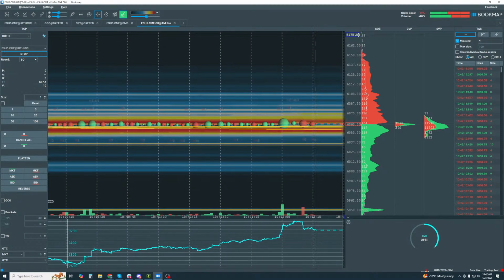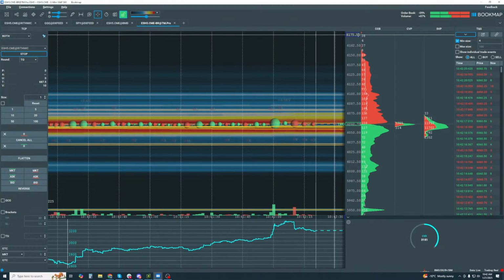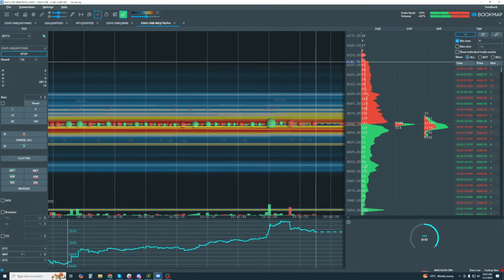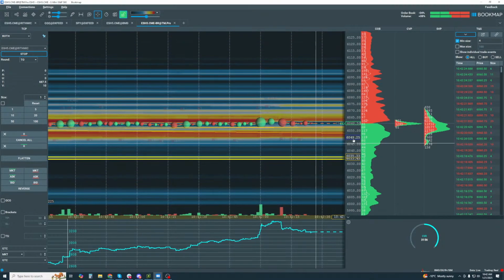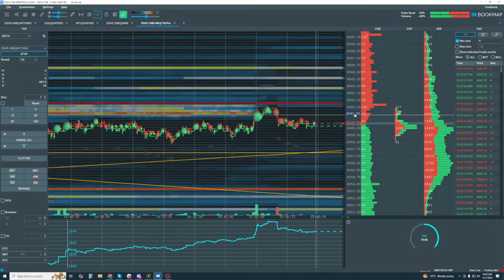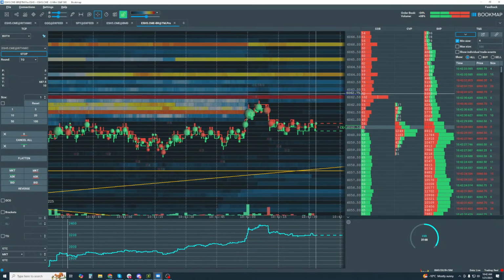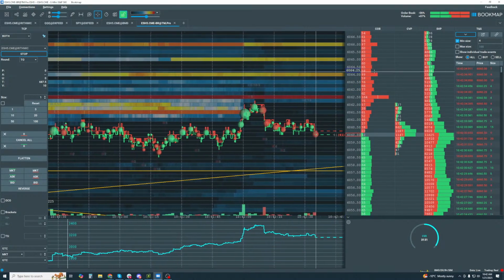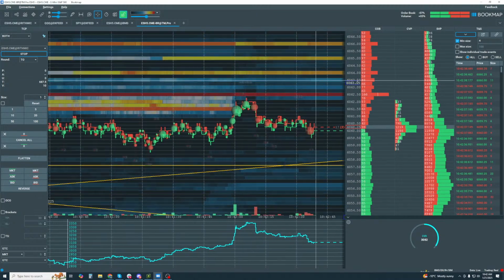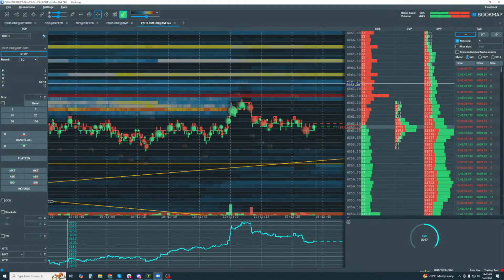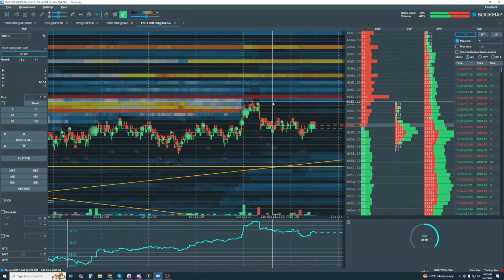Or I'm sorry, 115 points up to 175. You can see there's 38 contracts up there. That's live, so they're in here now. A lot of the depth products out there only show 10 levels, but depending on your data provider, you can have full depth of market.